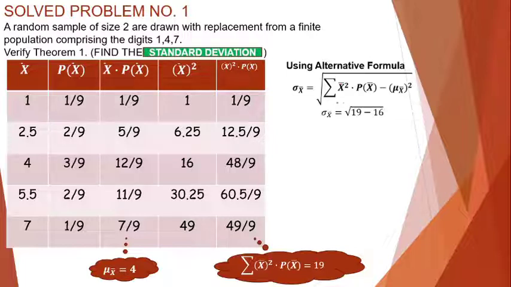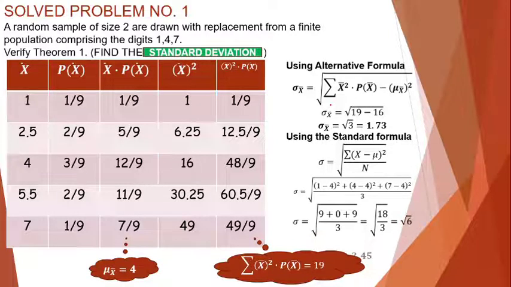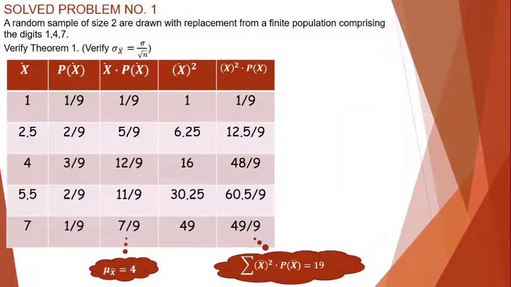So substitute nyo lang. 19 minus 16, square root of 3 is equal to 1.73. Using the standard formula here, ngayon nakikita nyo magkaibang sagot, 2.45. So, dito na natin ipapakita ngayon kung totoo ba si Theorem number 1. Now, ito na, i-prove nyo.